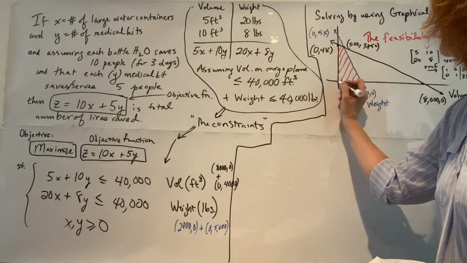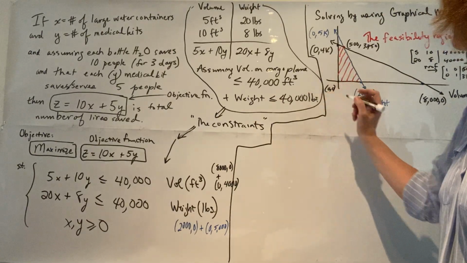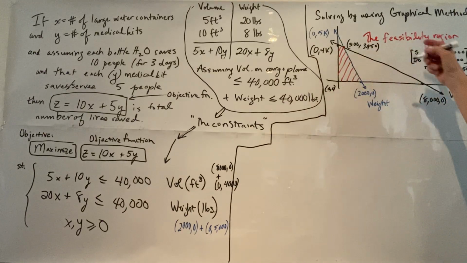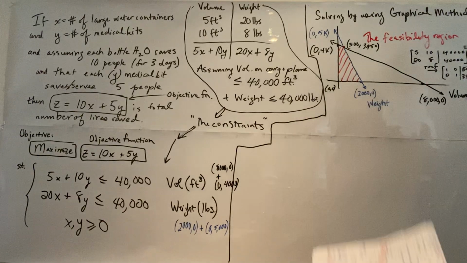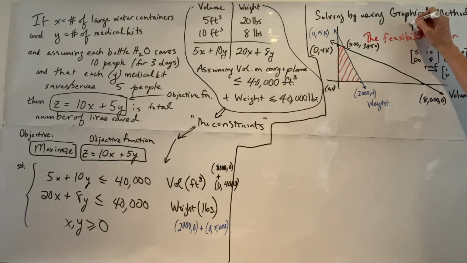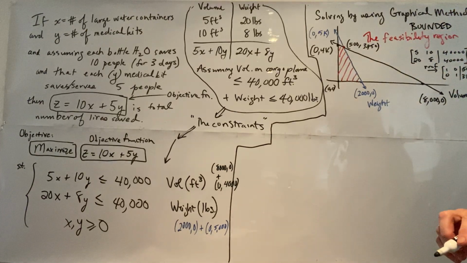Of course, this is another corner point of our feasibility region, 0, 0. But the good news is the feasibility region is bounded. Why is that good news? Because you're supposed to be thinking about the corner point theorem.